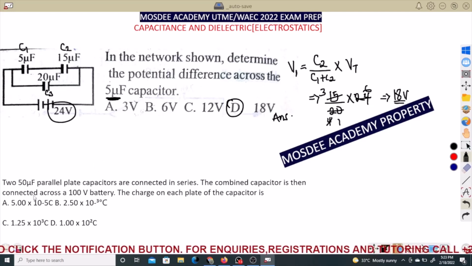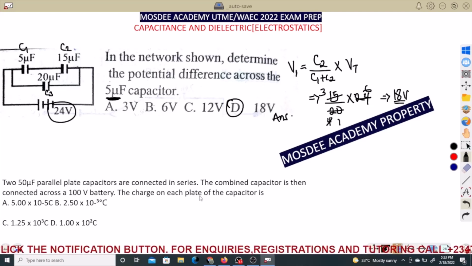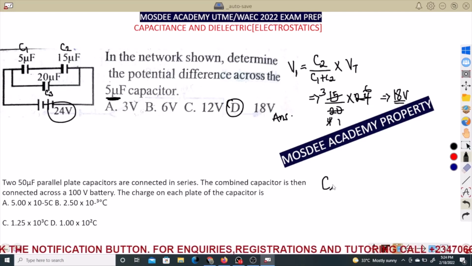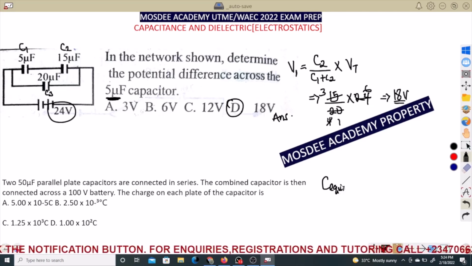The next type of question says a 250 microfarad parallel plate capacitor are connected in series. A combined capacitor is then connected across a 100-volt battery. The charge on each plate is dash. Now, they are parallel. Since they are parallel, it's equivalent capacitance. I may not draw because it's a simple question.